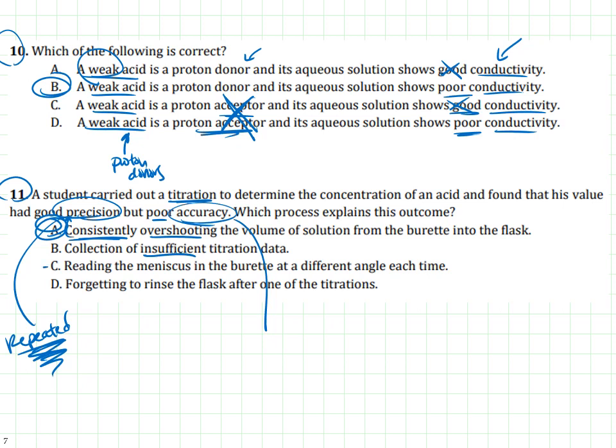Choice C, how about reading the meniscus at a different angle every single time? That's going to also give us poor precision. So I shouldn't have repeated values over and over and over if I have a different angle every single time. And then if I forget to rinse one time, only one time, then I'm also going to mess up my precision. I will have poor accuracy and poor precision, and so we are confident that our answer is choice A.